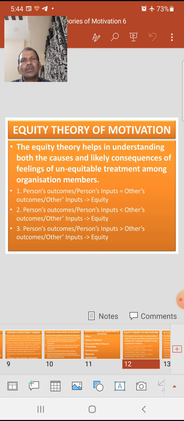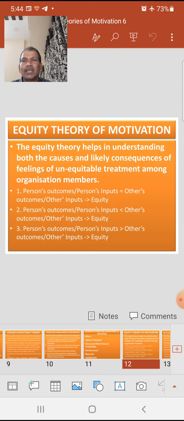Individual leads to individual experience tension, which leads to the individual wanting to reduce tension, and it leads to the individual taking action, and that leads to change input, change outcomes, alter perceptions of self, alter perceptions of other, change comparisons, leave situation.